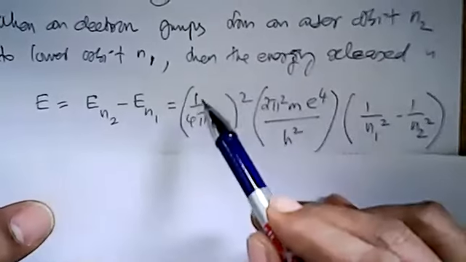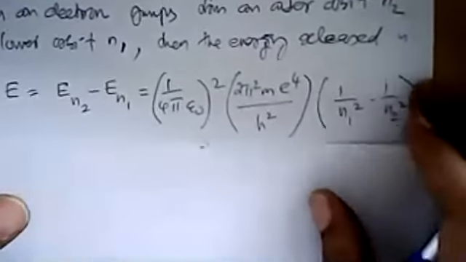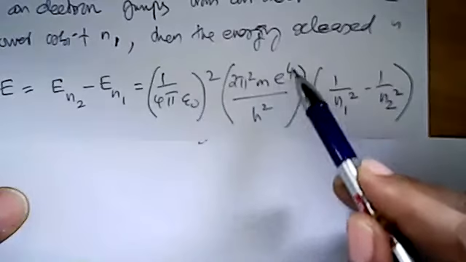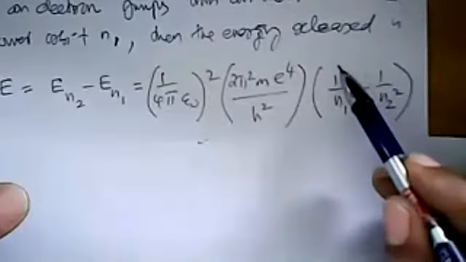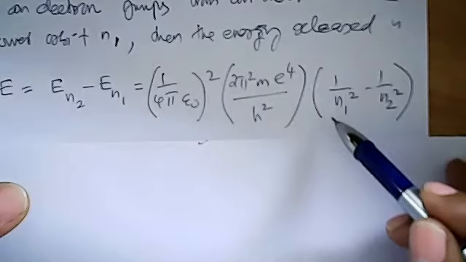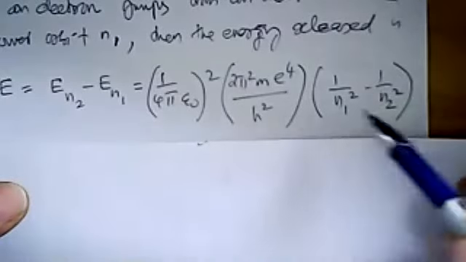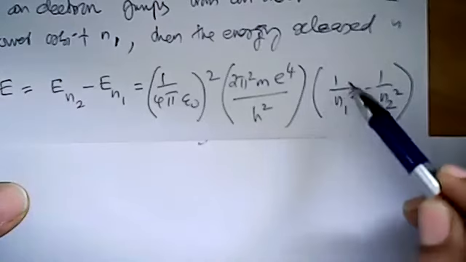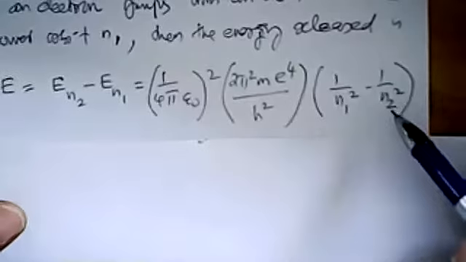These are constants: 1 by 4 pi epsilon 0 whole square, 2 pi square m e to the power of 4 by h square. Now a minus sign is there, so minus of 1 by n2 square minus 1 by n1 square. If you absorb the minus sign, that becomes 1 by n1 square minus 1 by n2 square.